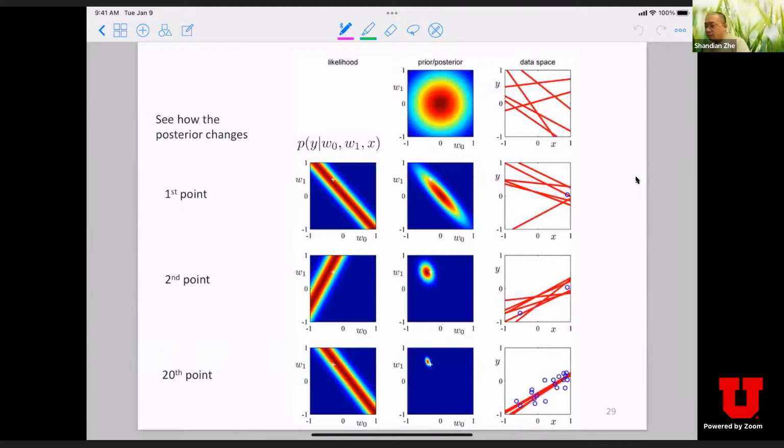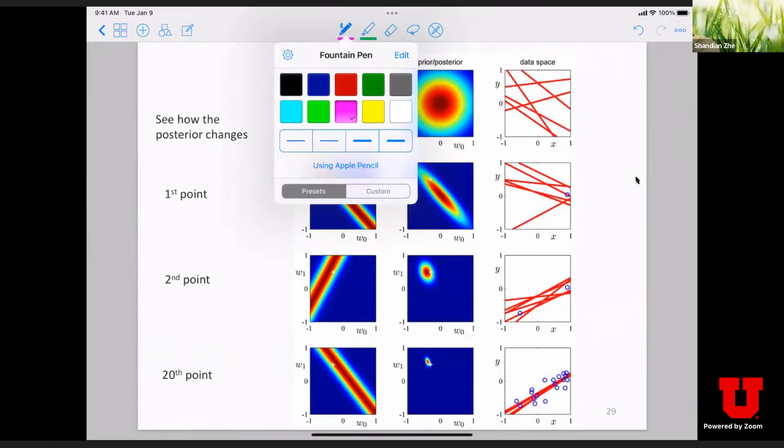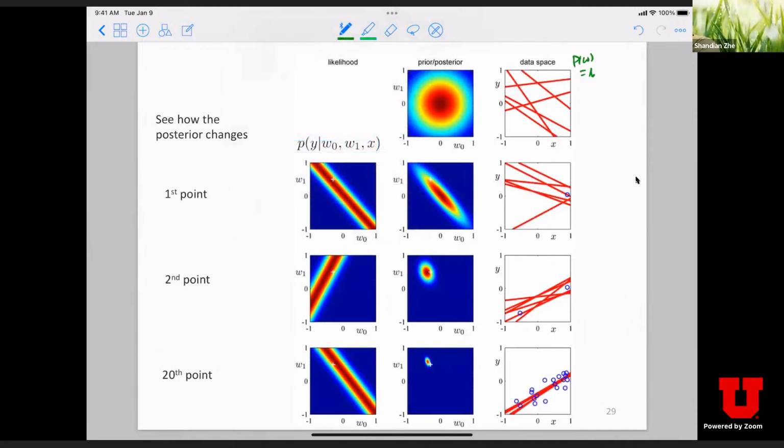For simplicity, we assume a scalar feature X and a scalar output Y. Before we observe any data, this is our prior. Remember our prior is a Gaussian prior with covariance alpha inverse I, so it's an isotropic Gaussian. This is how the prior distribution looks, with two weights, W0 and W1.